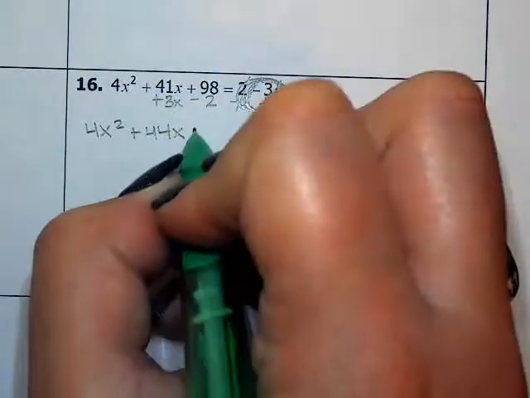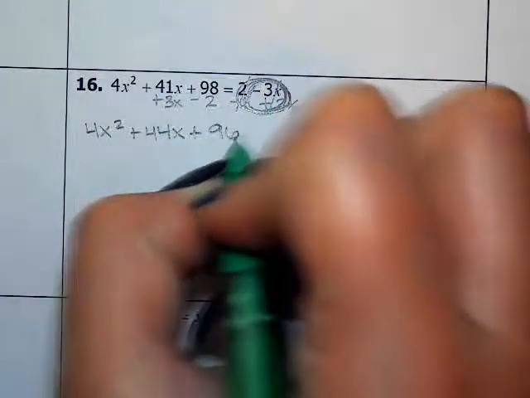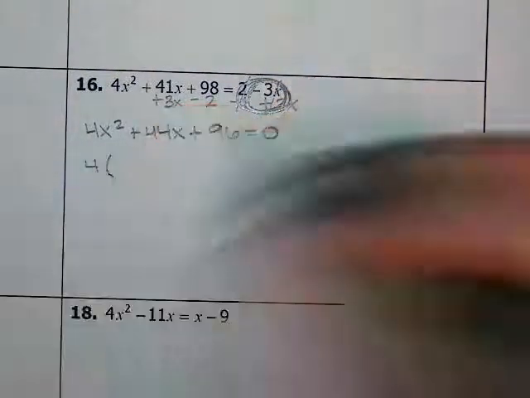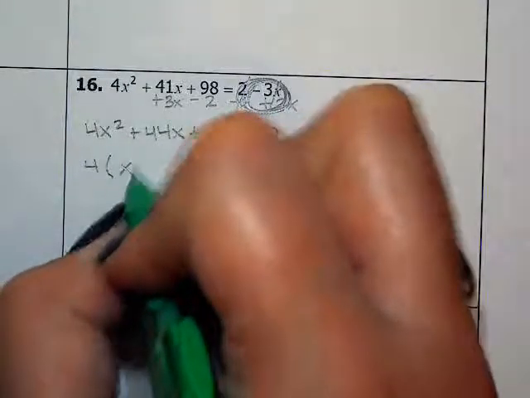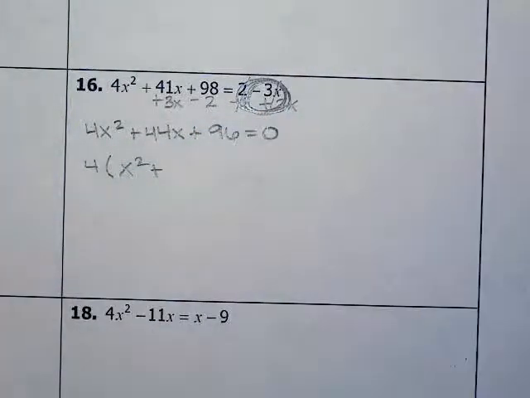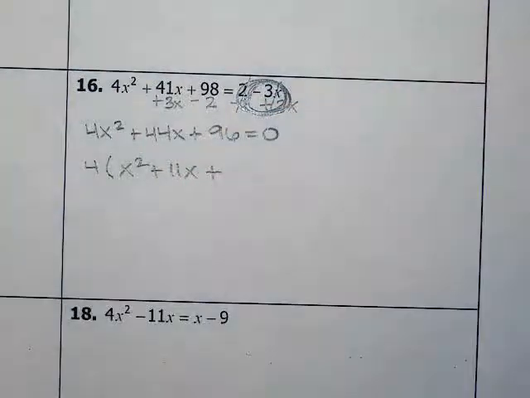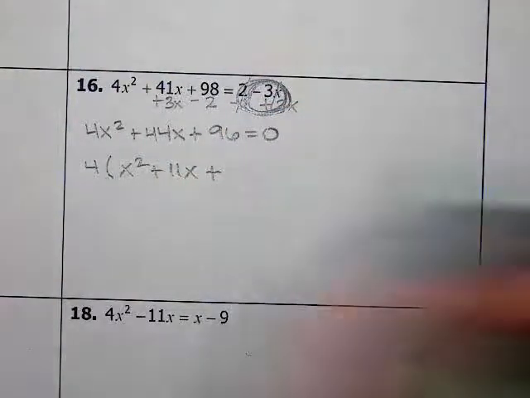Is there a GCF? Okay, 4 times x squared plus 11x plus 24. Cool.